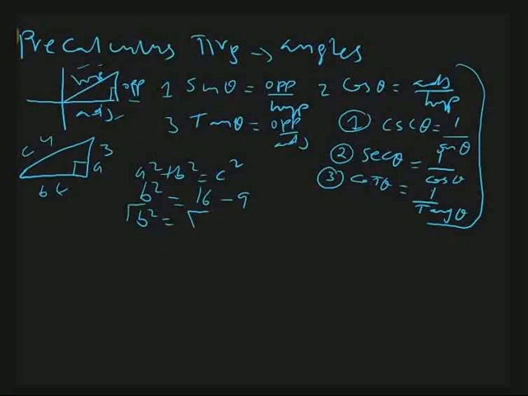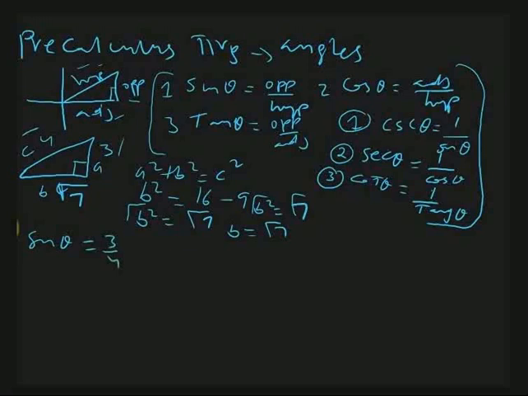So b squared is 7. But the thing is you have b squared and you want to find b, so you take the square root of both sides, so the square root cancels the square, and you have b equal to square root of 7. Now that you have found all the sides of the triangle, you can find sine, cosine, tangent, and so on.